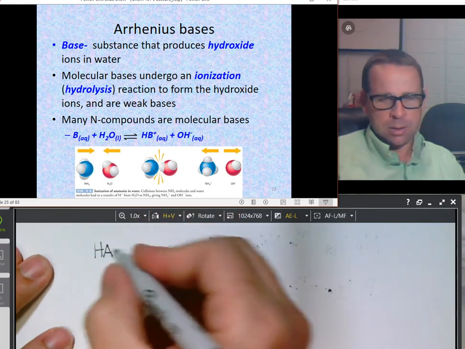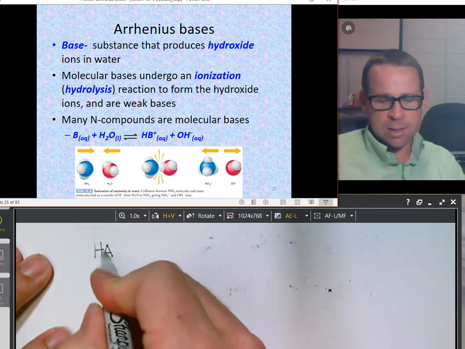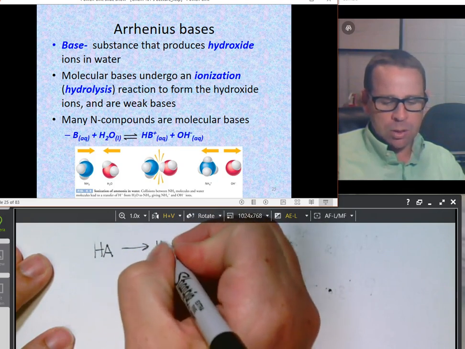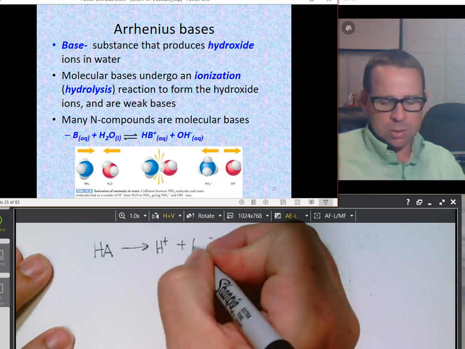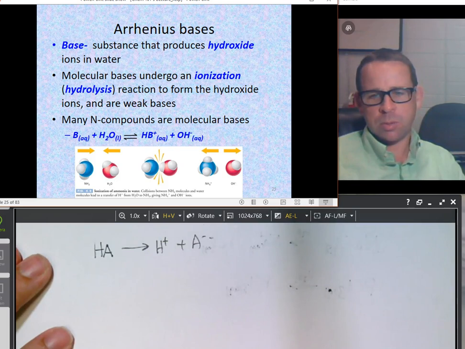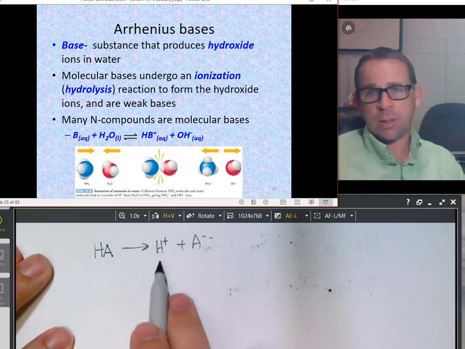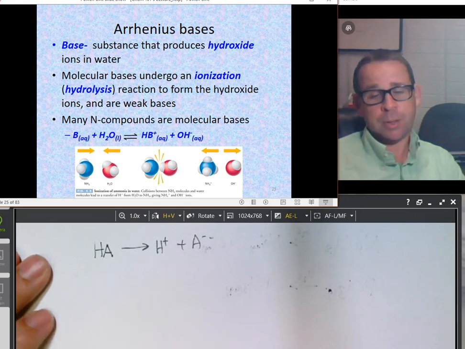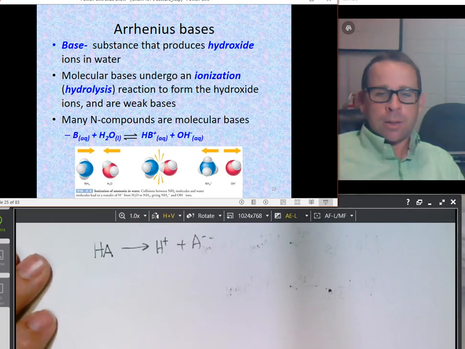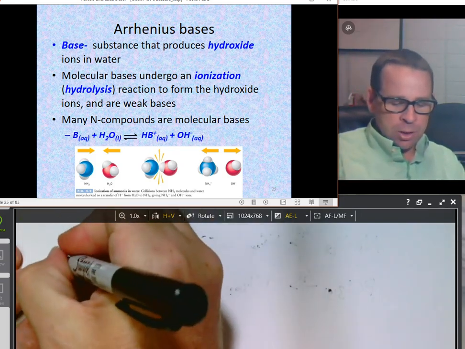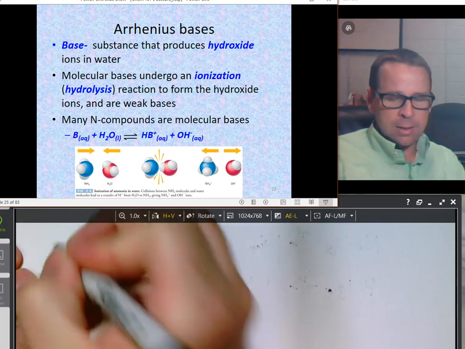HA, the chemical starts with a hydrogen, has something else. You put it into water, H plus results, and then the other thing with a minus charge is what we call the counter ion, the ion on the other side of the H plus ion, right? Okay, that's the general example of an acid.